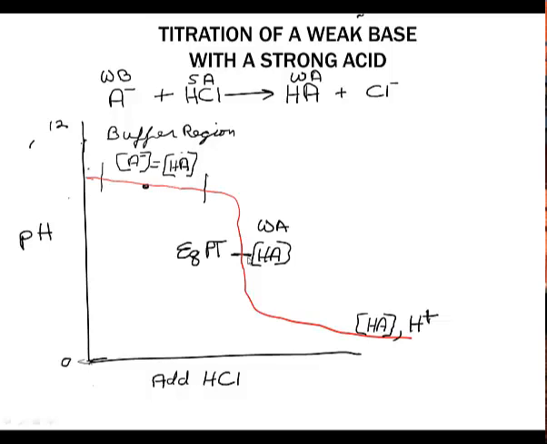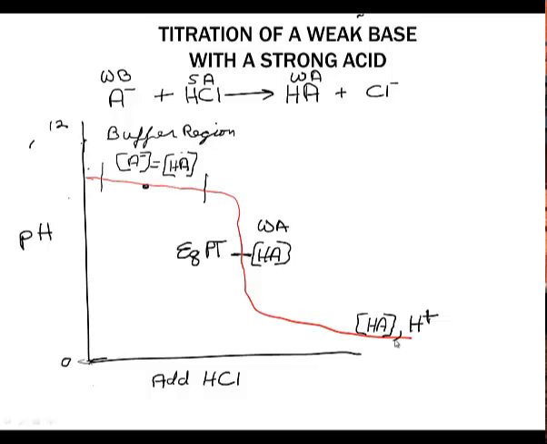At the equivalence point, I have no more HCl. I've added an equal number of moles of HCl as I have of weak base. So both of my reactants are gone. What do I have left? I have a weak acid concentration. And so since I have a weak acid concentration at the equivalence point, my solution is going to be below 7. It will be acidic at the equivalence point of a weak base being titrated with a strong acid.